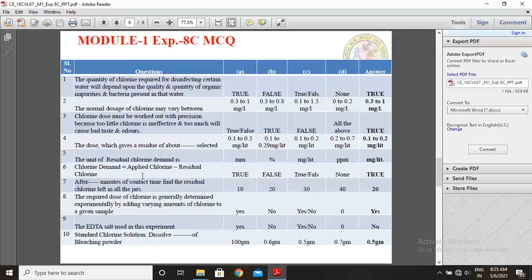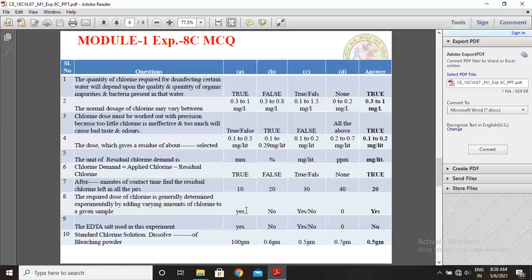Chlorine demand equals applied chlorine minus residual chlorine. Options: true, false, none. Answer is true. After dash minutes of contact time, find the residual chlorine left in all the jars. Options: 10 minutes, 20 minutes, 30 minutes, 40 minutes. Correct answer is 20 minutes. The required dose of chlorine is generally determined experimentally by adding varying amounts of chlorine to a given sample.